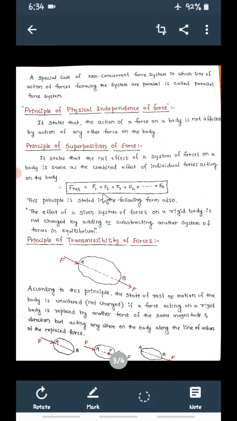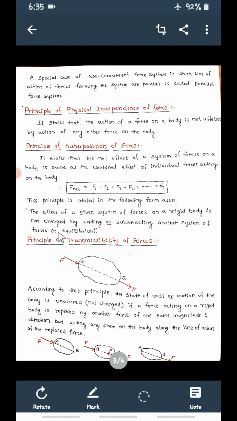So if we add the effect of F1 plus the effect of F2, then F3 plus F4, this is equal to the total effect of a system of forces. So this is called superposition of force. This principle is also stated in the following form, that is, the effect of a given system of forces on a rigid body is not changed by adding or subtracting another system of forces.